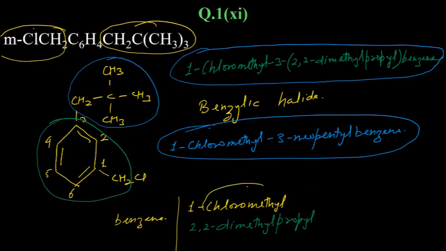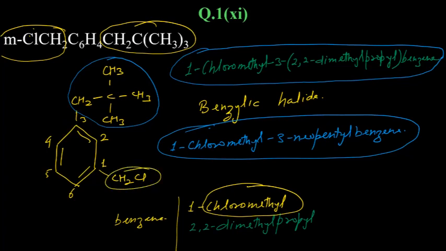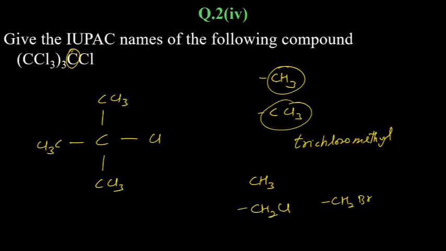I considered this as chloromethyl because it is actually CH3 where one hydrogen has been replaced by chlorine. So same concept I'll apply here. But because 3 hydrogens are replaced by chlorine, I'll call it trichloromethyl instead of simply chloromethyl.